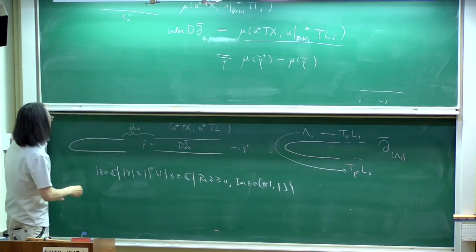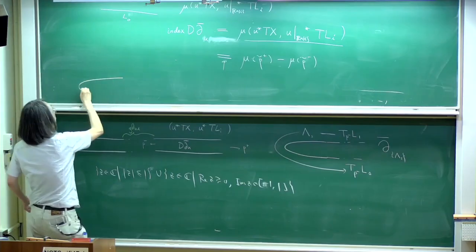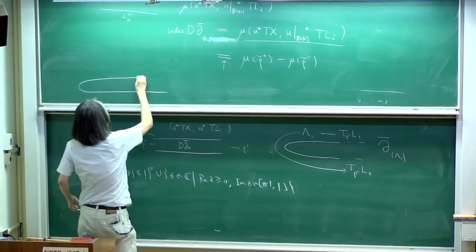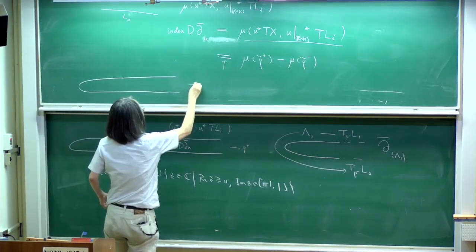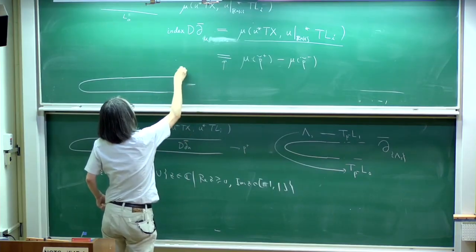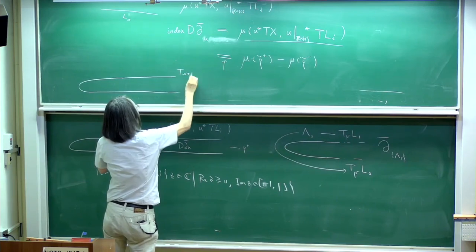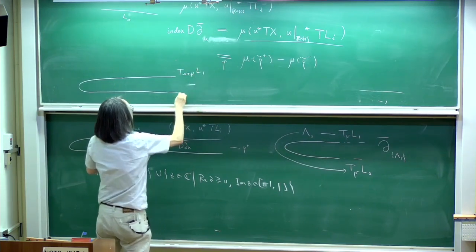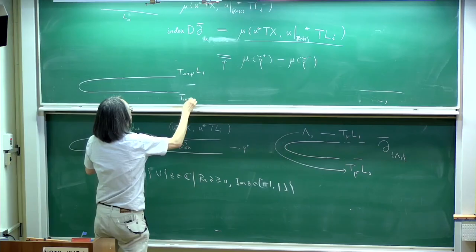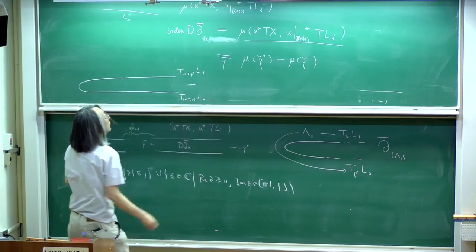So then you get some operator like this, right? So this one is actually here, T of u of tau 1 of L1, and here T of u of tau 0 of L0.